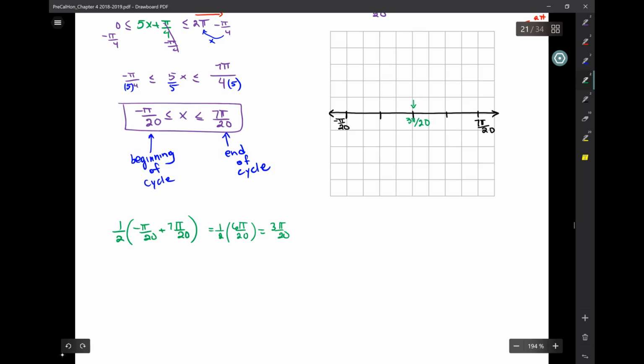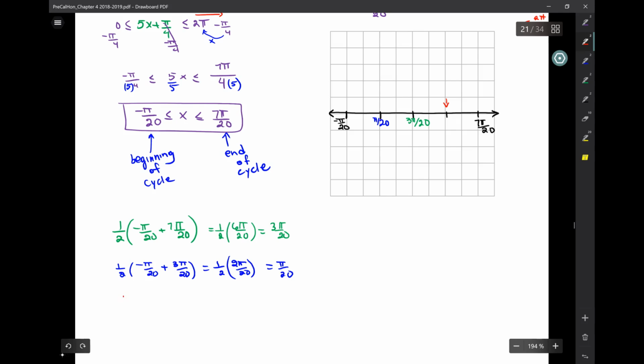Now I'm going to find the midpoint of the first point and that point. So what am I going to do there? It's going to be 1/2 of negative pi over 20 plus 3 pi over 20. This is 1/2 of 2 pi over 20, which is pi over 20. Then I try to color code these as much as I can so you can follow along later.